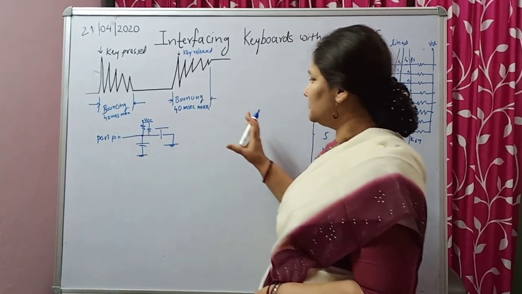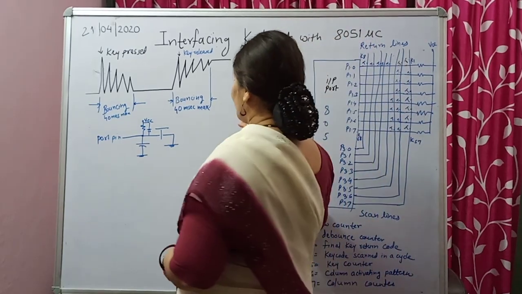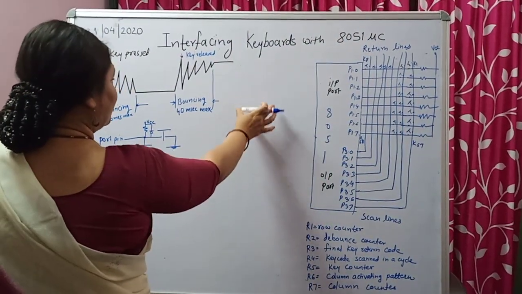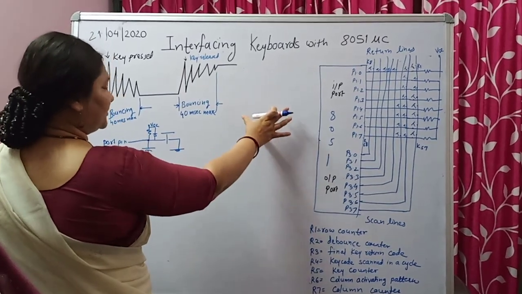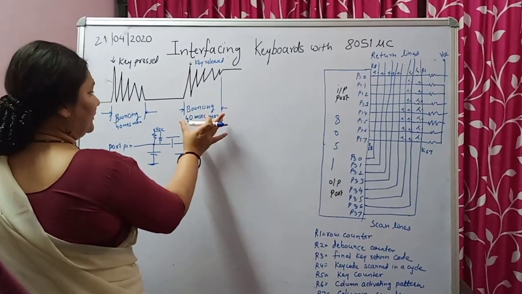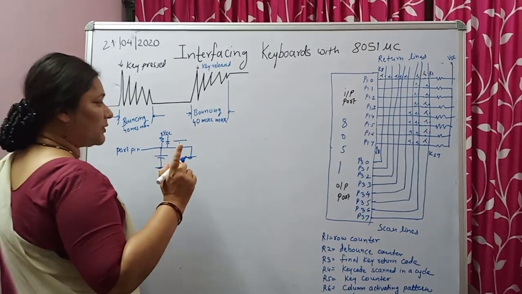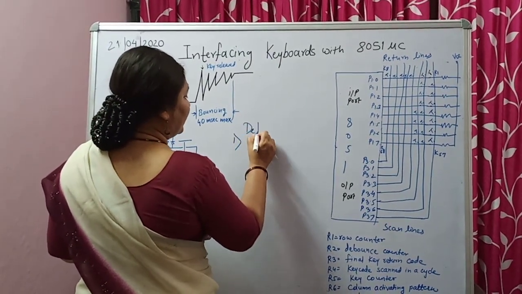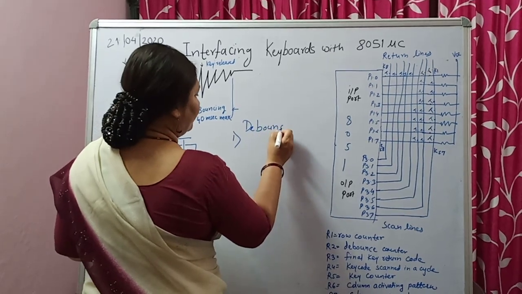We have seen how we write the delay program: we take some register counts, decrease them, find out the timings taken for instruction executions, and incorporate the delay. This is one way of making the debouncing, so debouncing can be done with the help of software.